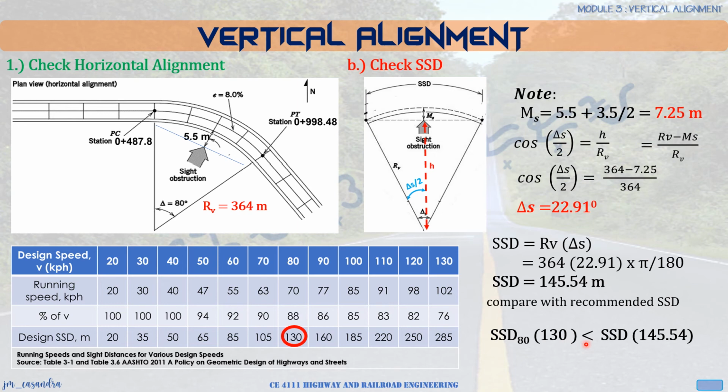So it is less than the computed SSD, which is 145.54. Meaning, this is the minimum, and the computed value is larger. This means the SSD is sufficient at 80 kilometers per hour. So it means that our horizontal alignment is okay with regards to the design speed.